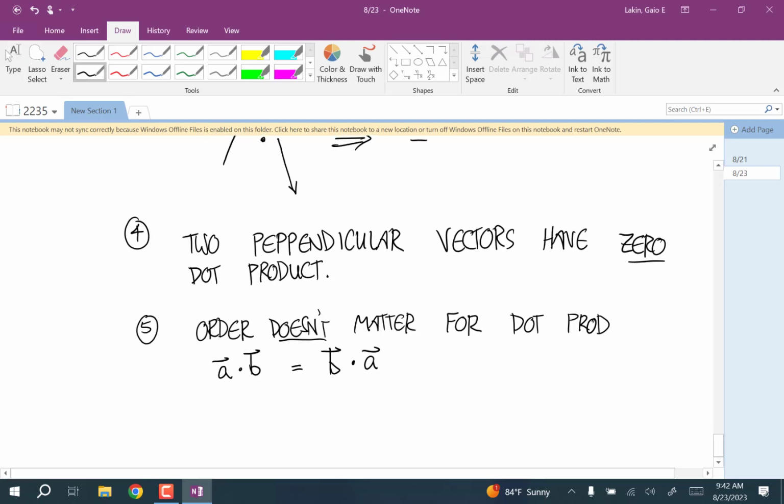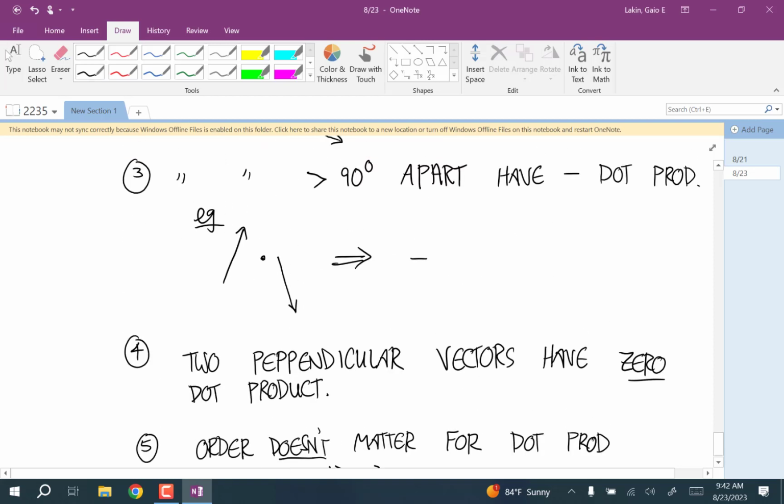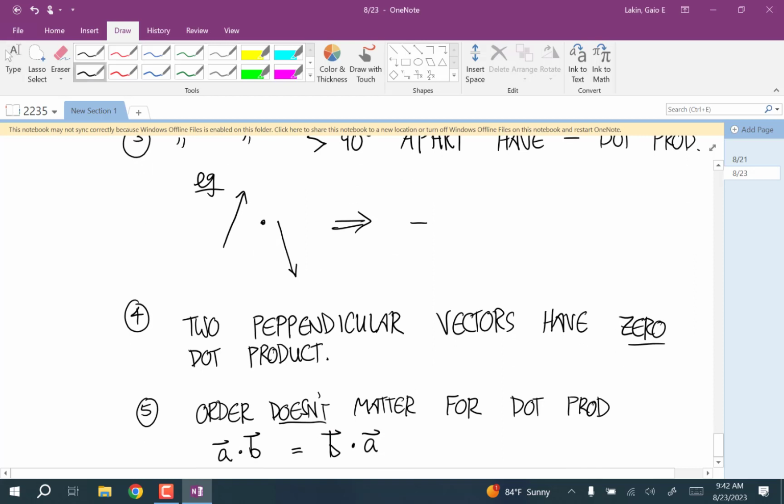We're going to see that with cross product, the order does matter. A cross B is not the same as B cross A. And two parallel vectors have a 0 cross product.